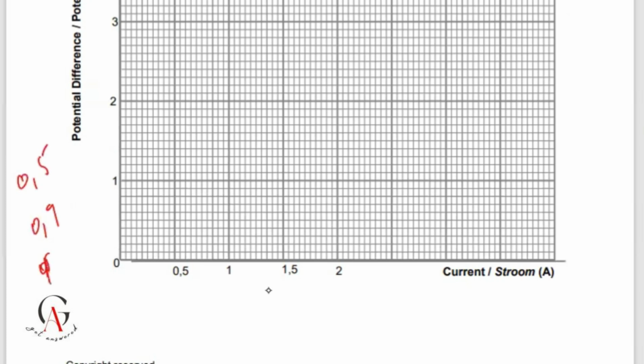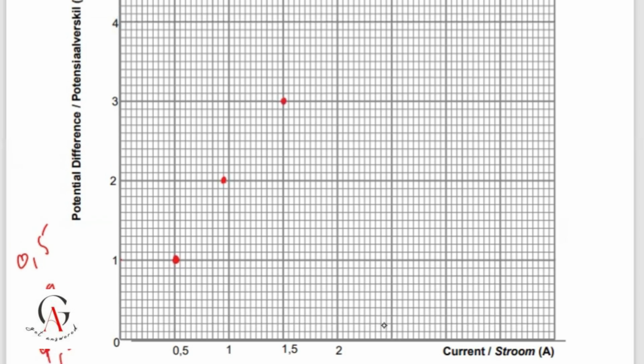Potential difference, when it is 1, we say it's 0,5. When it is 2, it was 0,9, which is somewhere there. And then 3, we saw 1,5. And then 4, I saw a 2 that was registered.